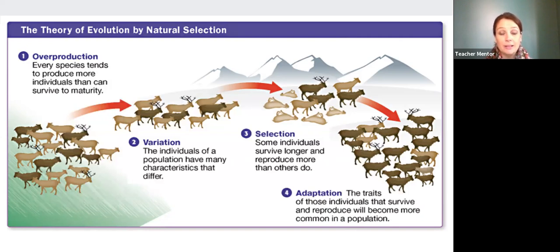Most of the time, those chandelier antlers weren't a favorable trait, so they got lost because they weren't reproducing. Whereas the bucks with the great big antlers, all the tines pointing up, were the ones that would be reproducing, and those antlers would be passed down from generation to generation.